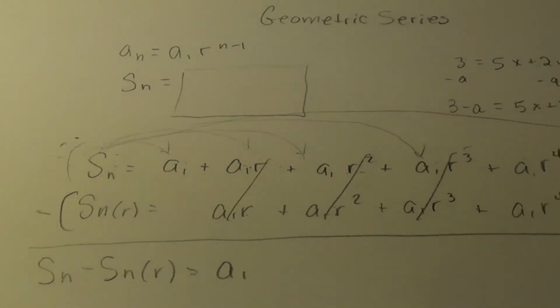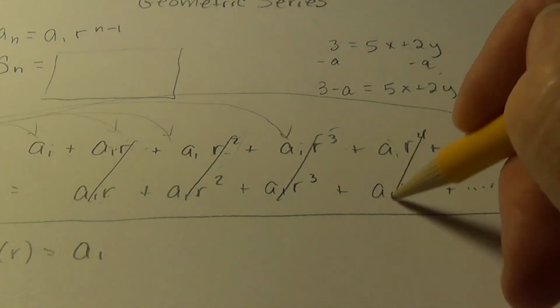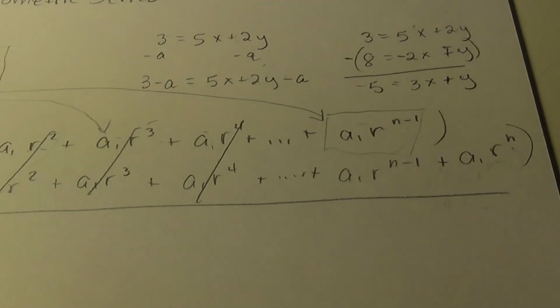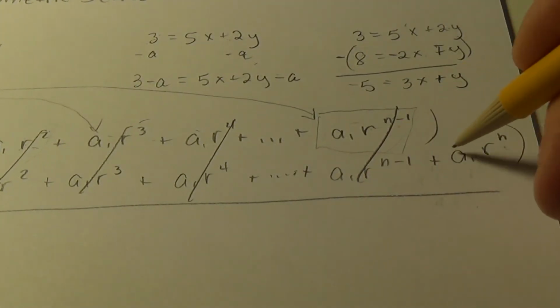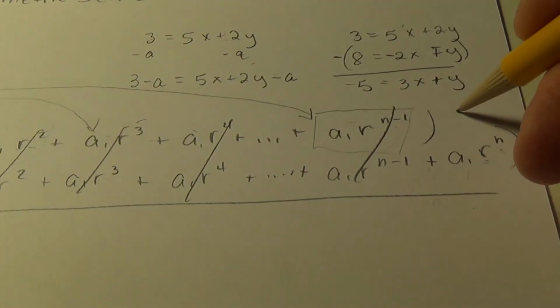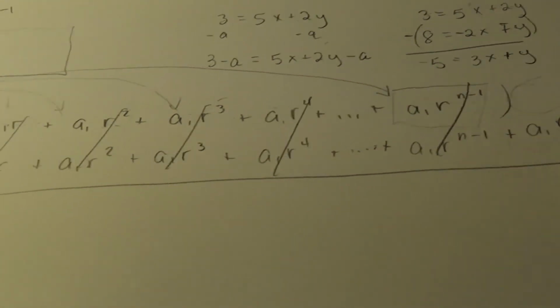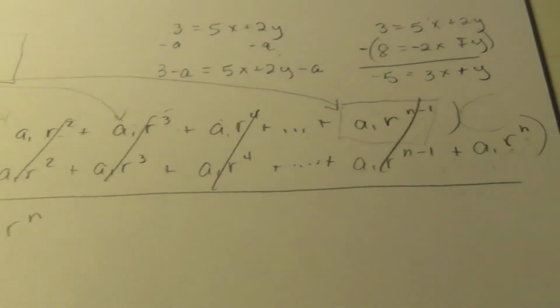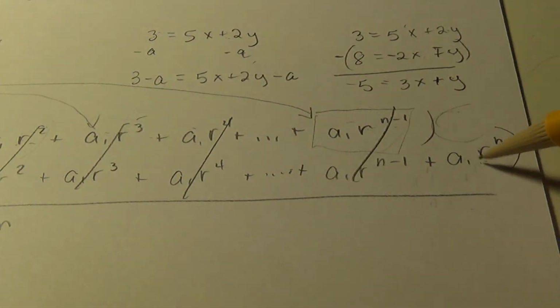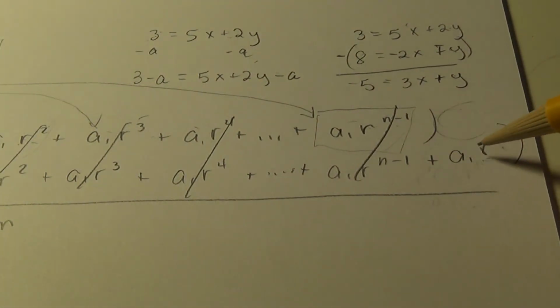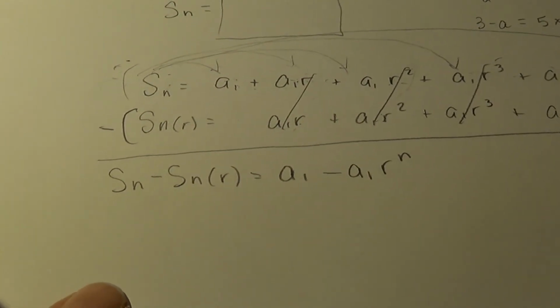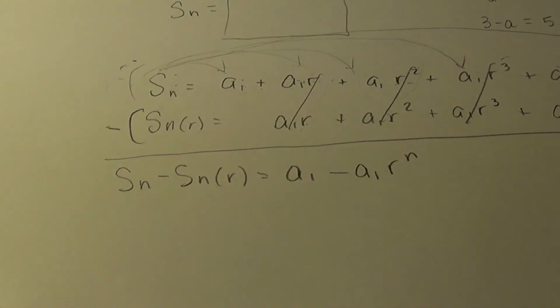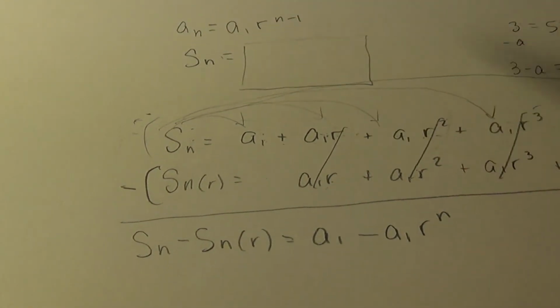and the fun begins. And then we're subtracting this from nothing. So we get a minus a sub 1 r to the n. When I subtract this from nothing, I get negative a sub 1 r to the n. Alright, we're trying to find s sub n.